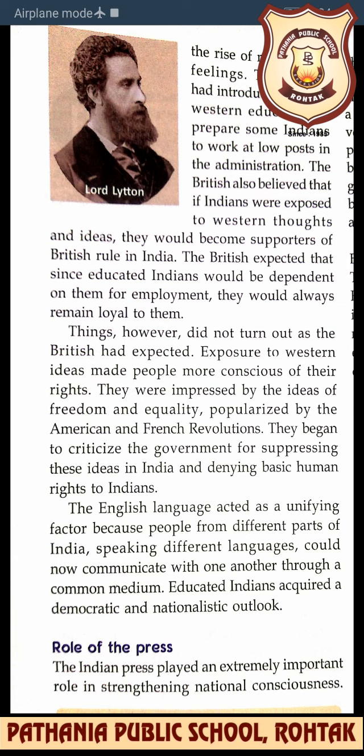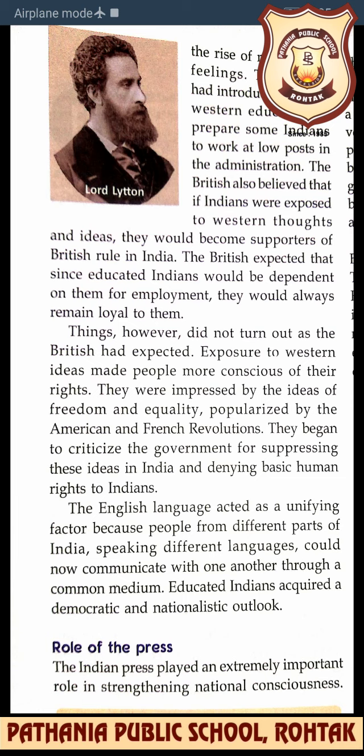The English language acted as a unifying factor because people from different parts of India speaking different languages could now communicate with one another through a common medium. So English became the language of common medium also. This way, because of the spread of Western education, there was a rise of nationalism in India.